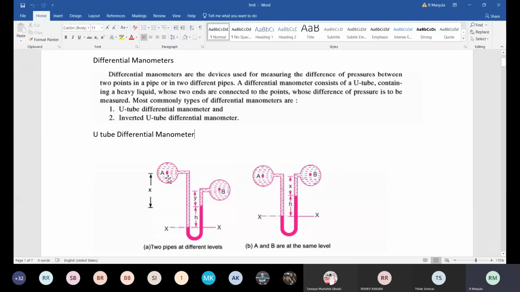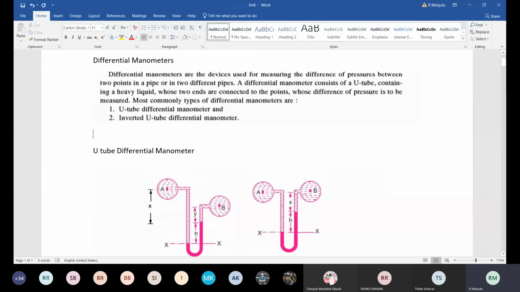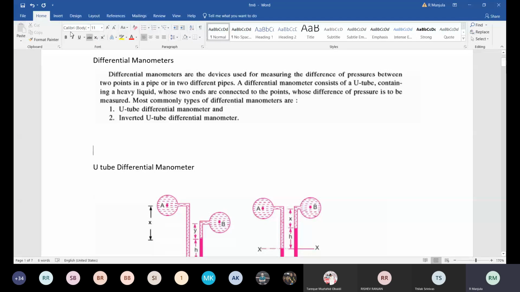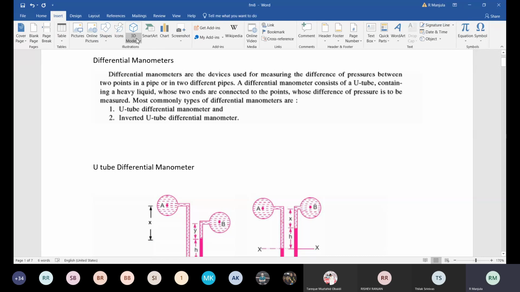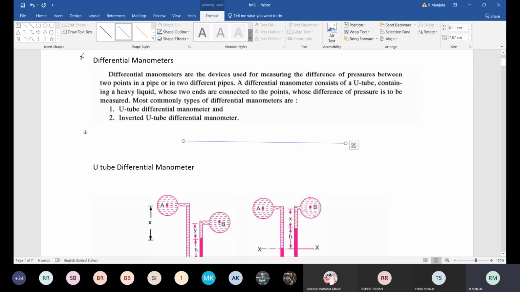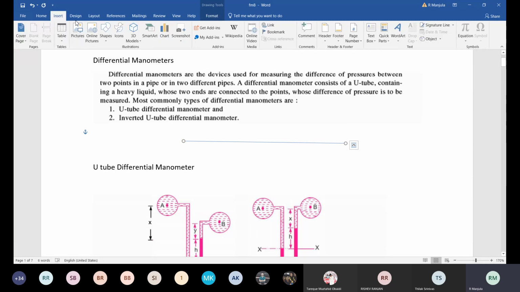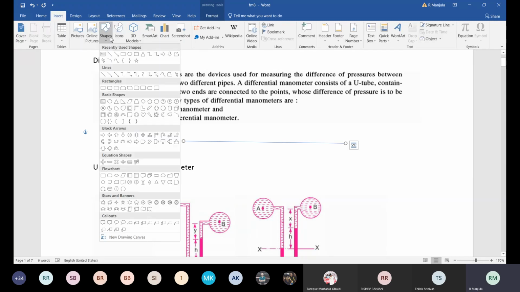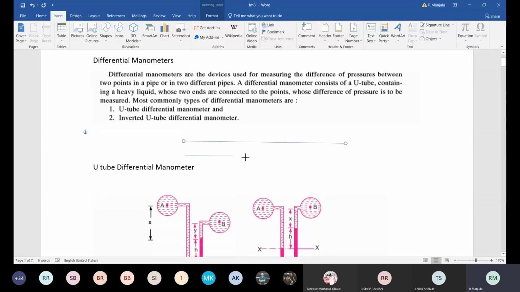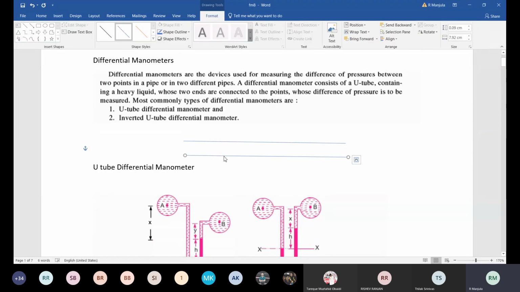So if you take 2 points here, A and B are the 2 points. In the same pipe, or in different pipes also, we can use the differential manometers. If it is in the same pipe, how will it be?